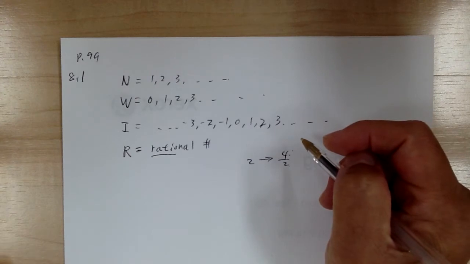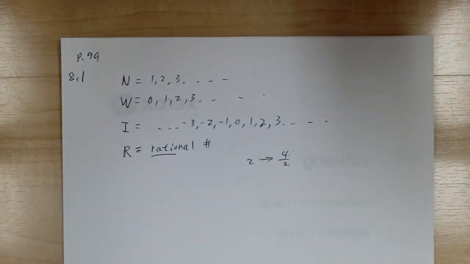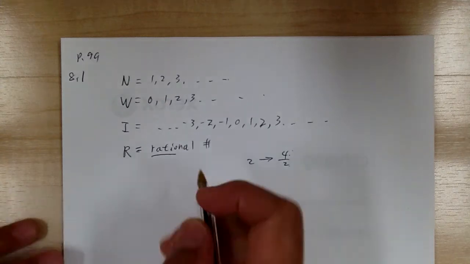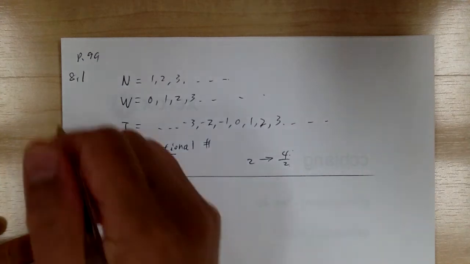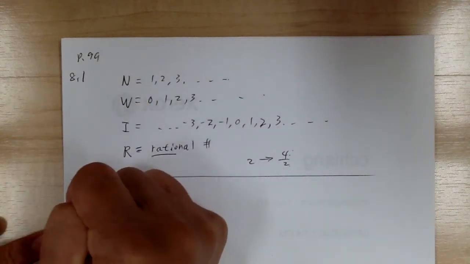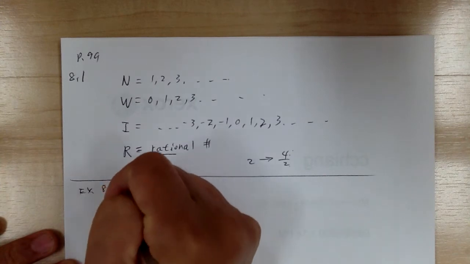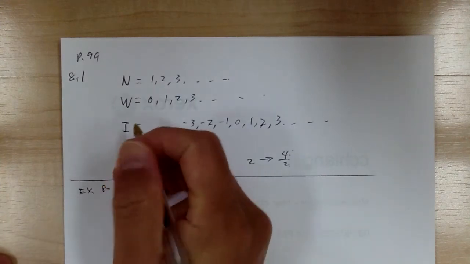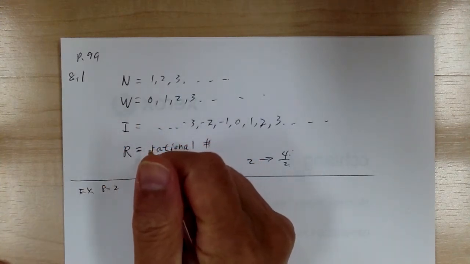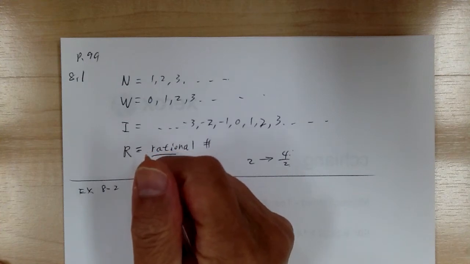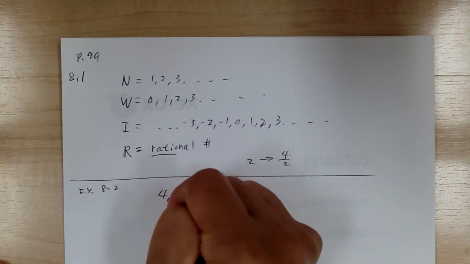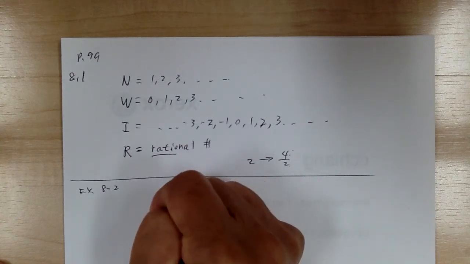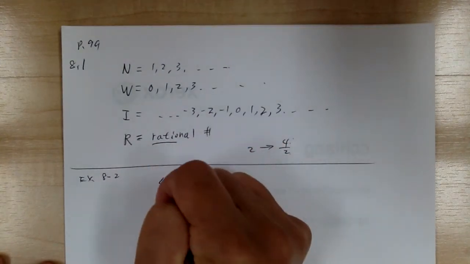Now let's go to example 8-2. Example 8-2 says find the fractional equivalent to 4.263 repeating. So you want to find the fraction for that.